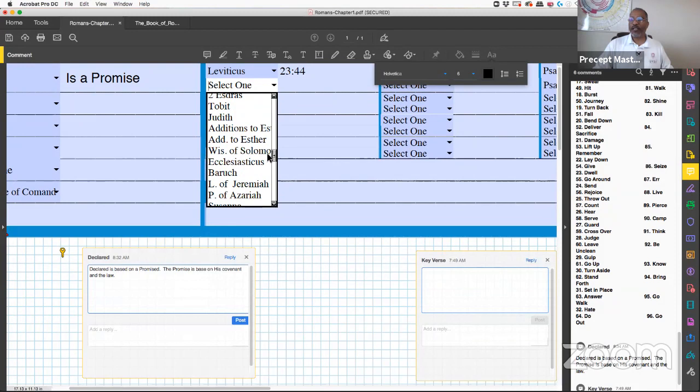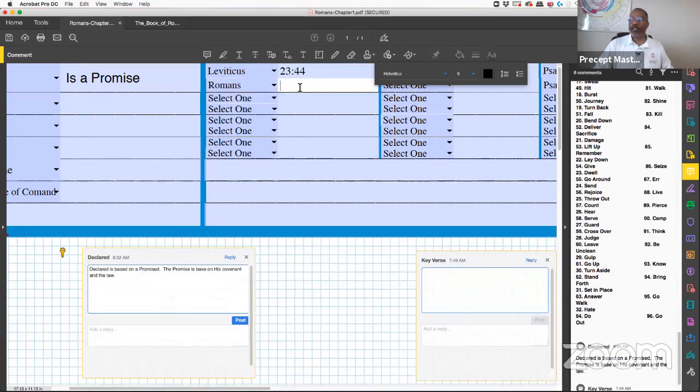And this is why I said we gotta do this, because what we're doing now, we hunting down things. So this is the way I hunt things down. So we're gonna do Romans 1 through 4. We're gonna say 1 through 4. The promise. So we know this is the promise.